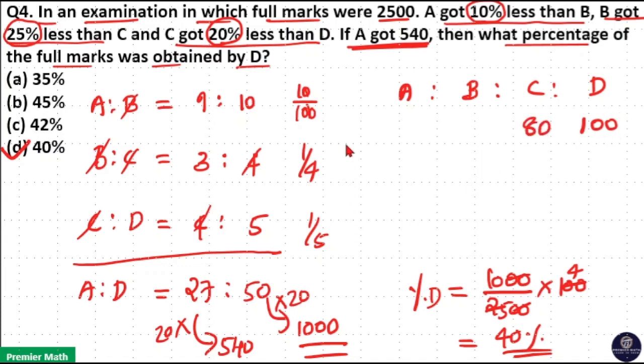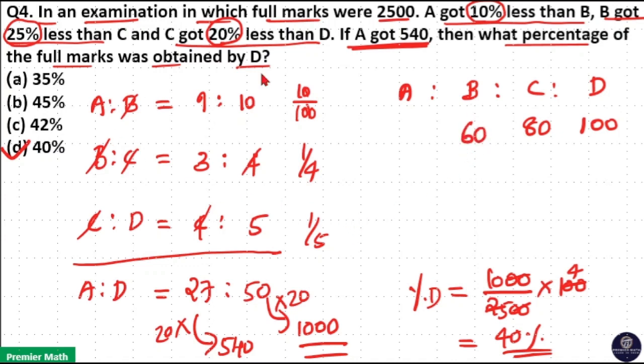Again, B got 25% less than C. So B got 25% less than C means, here 100% is 80, 10% is 8 and 5% is 4. That means 25% is 5 into 4, 20. So 20 less than C means 80 minus 20, 60. B got 60 marks.